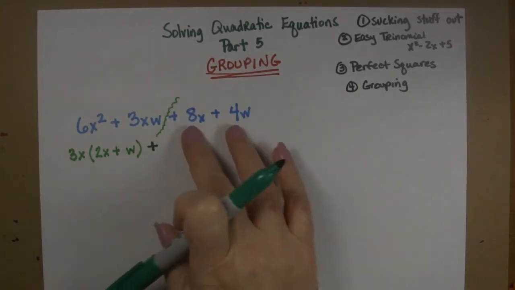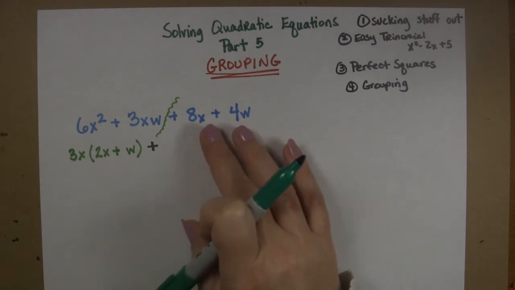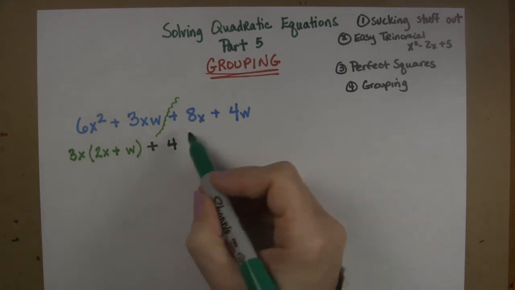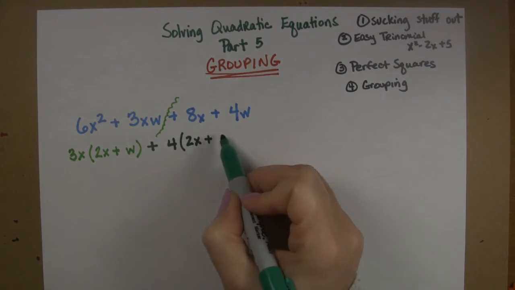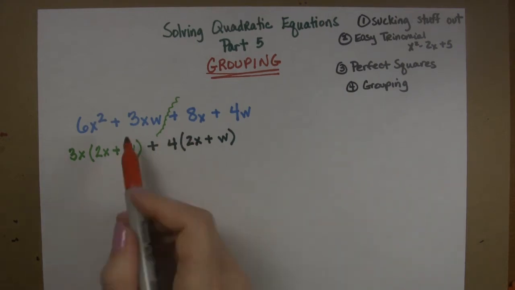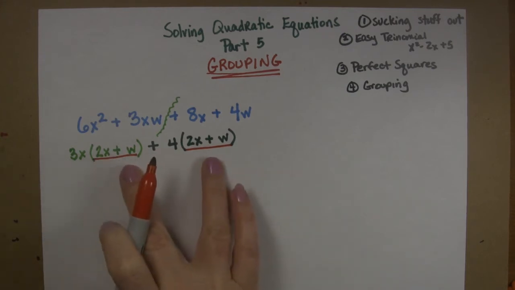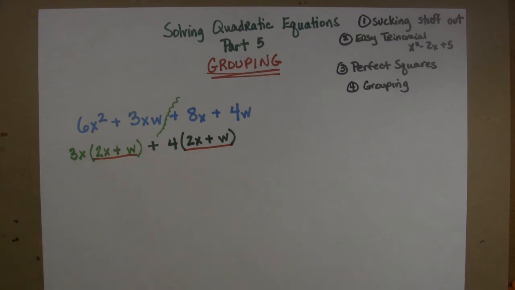And then we look at this side of the equation. And what can we do over here? Well, we could suck out a 4. So I will suck out a 4, leaving me with 2x plus w. Now I am excited because do you see what has happened? For both sides of the equation, I have sucked out something, leaving me with the same terms in the parentheses.